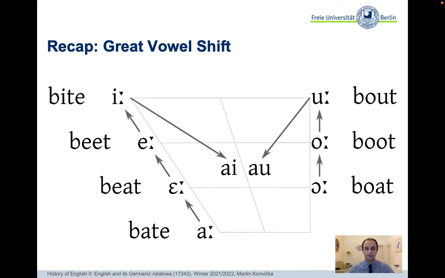It basically affected long vowels, and the long vowels were either raised, meaning they shifted to a higher position in the phonological system, or if a raising was not possible, such as with the long E and the long U, then those sounds turned into diphthongs. So E turned into an I and U turned into an OW.